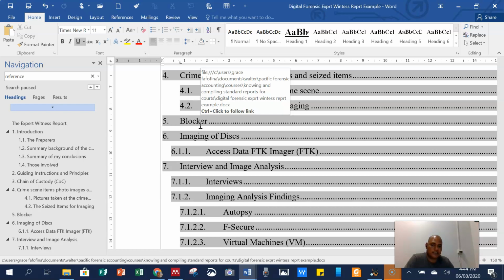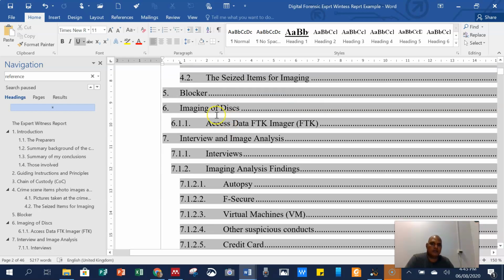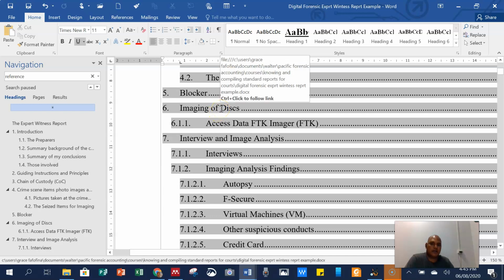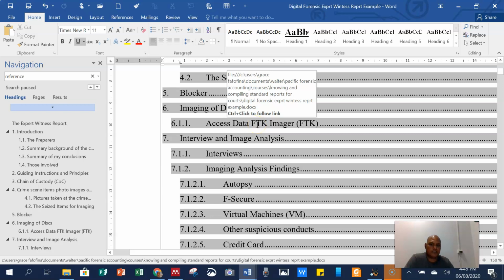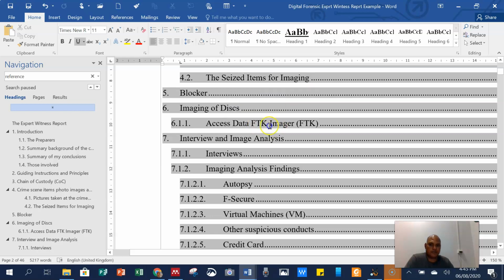It's the digital forensic hardware used to retrieve a suspect's hard drive information into your system for computer analysis. And also the imaging of the disk or the hard disk, so what system you use. We've discussed Autopsy, for example, so you can put Autopsy here, or you can also detail Autopsy here, as well as the interview and the image analysis.